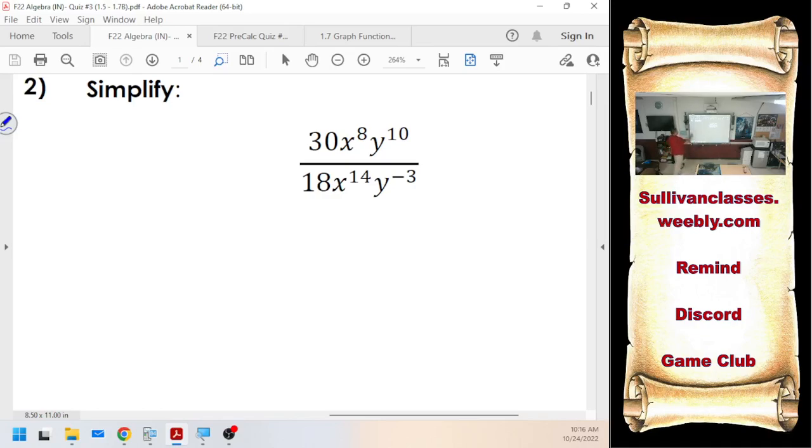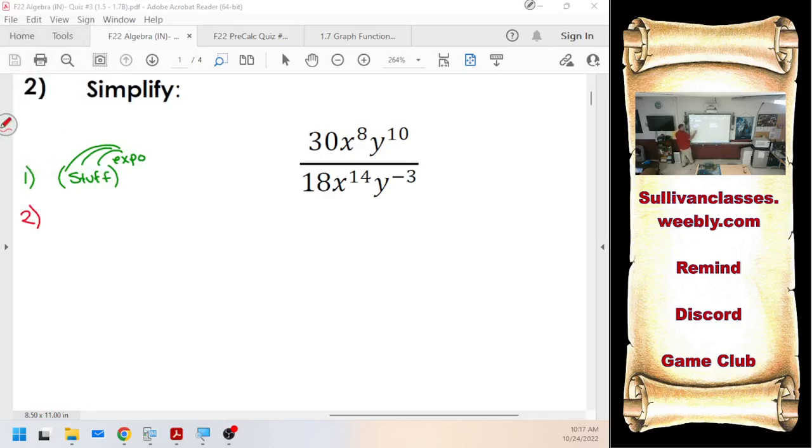So step one was if I have stuff inside of parentheses and then an exponent on it, I need to deal with that first. Do I have that? Exponent on a parenthesis. No. Step two.